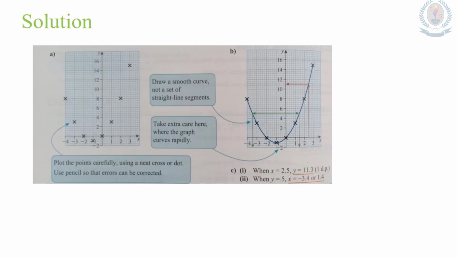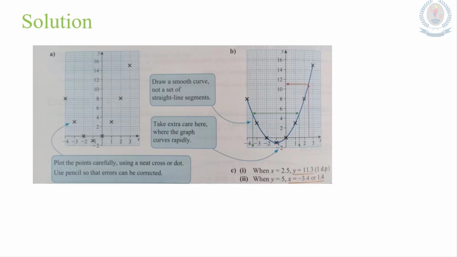You can see that. Then part C, they asked to find two solutions by using the graph. First, find the value of y when x equals 2.5. You can see on the x-axis where 2.5 is. Then by using arrows, you can check it. When x is 2.5, you draw that arrow up to the curve.